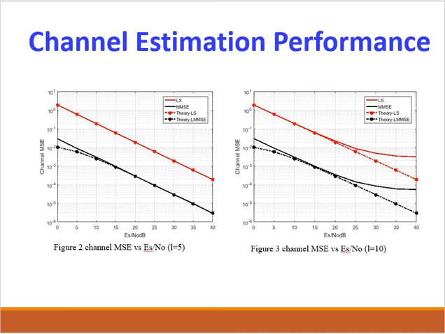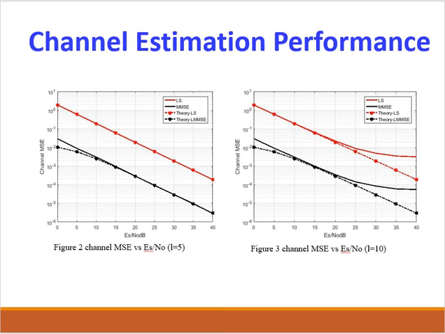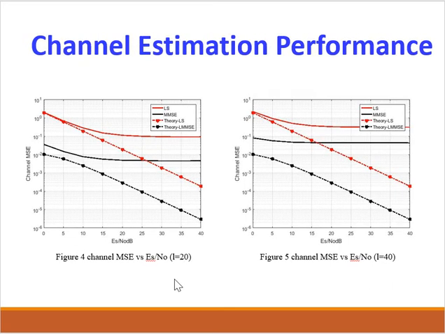Now let's look at the channel estimation performance. We use mean square error, MSE, to evaluate the performance of the two estimators. And there are four figures to show the performance of the two estimators at different channel lengths: 5, 10, 20, 40.